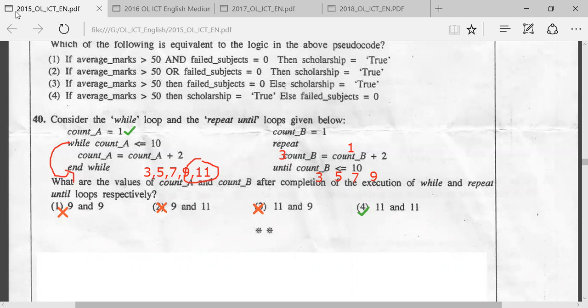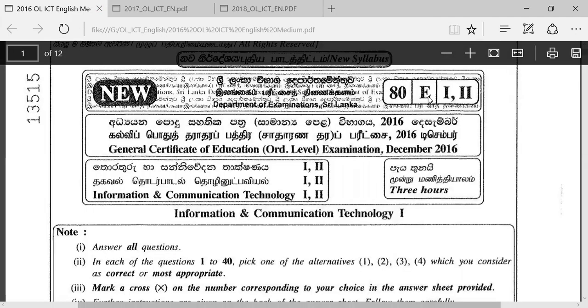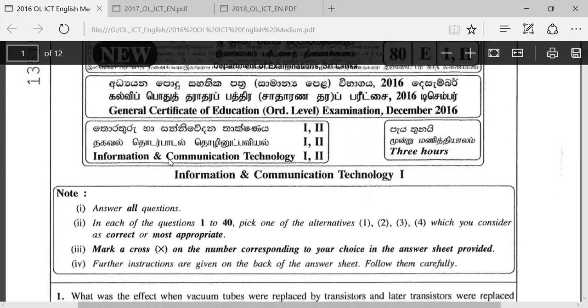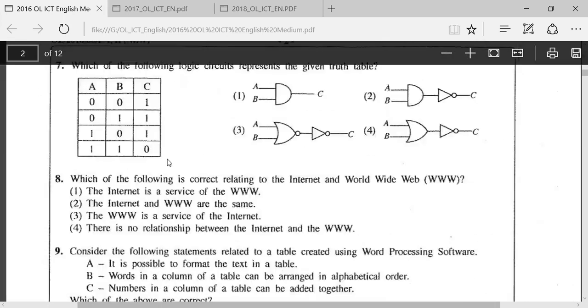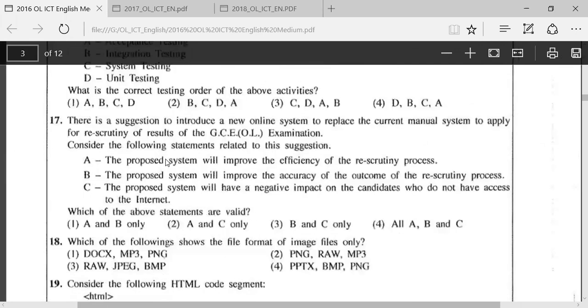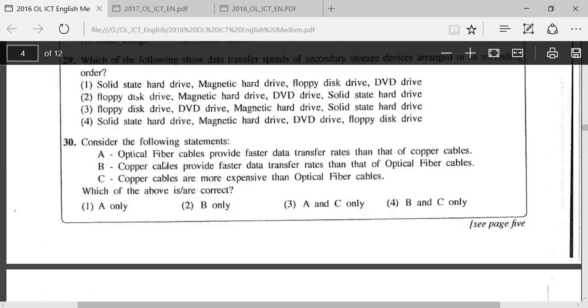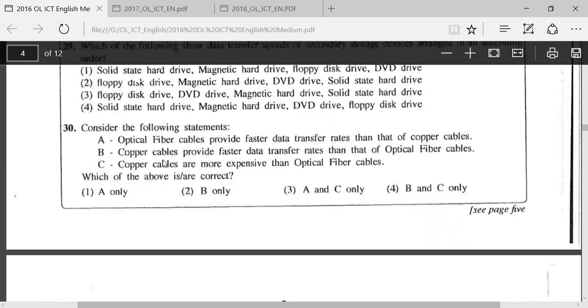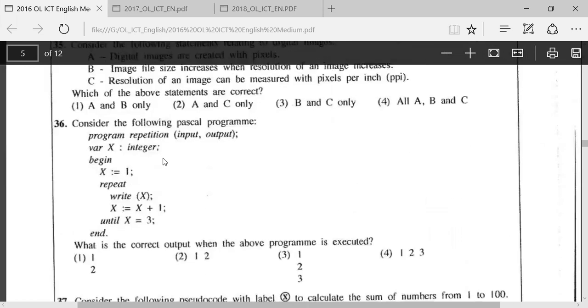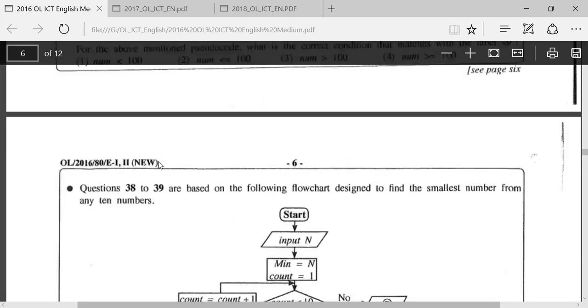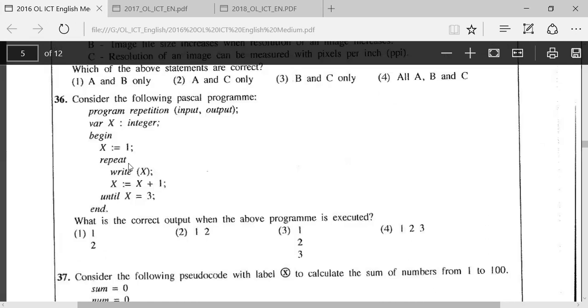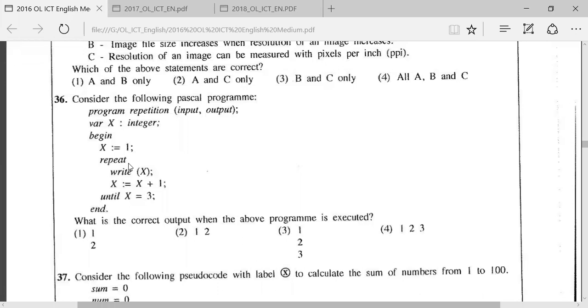We'll move to the 2016 paper. Question number 36, 37, 38, 39, and 40. So there are 5 questions. 2016 all-level paper, question number 36.